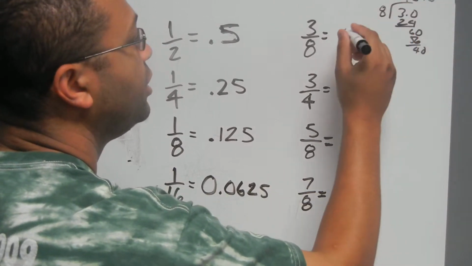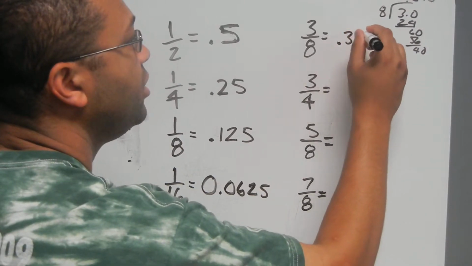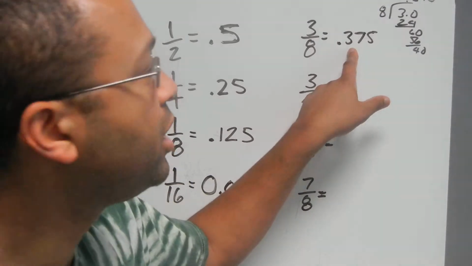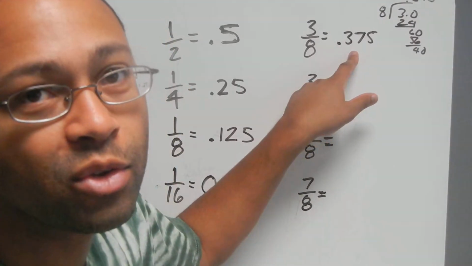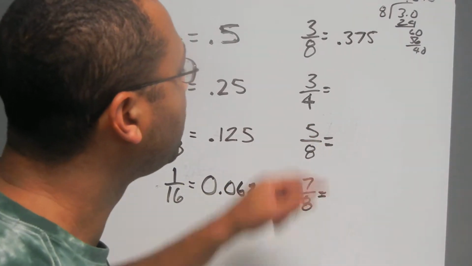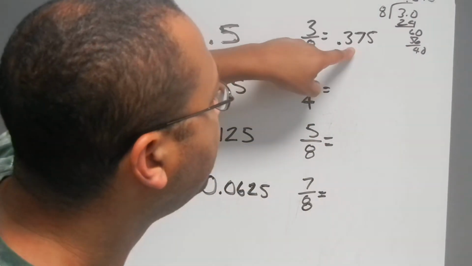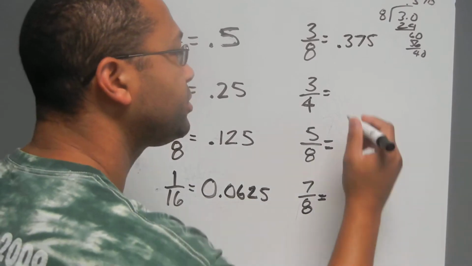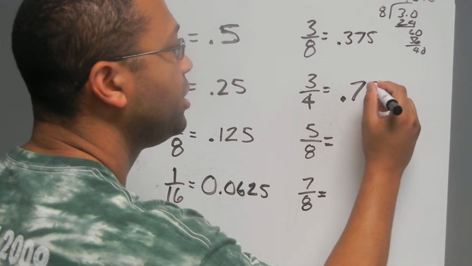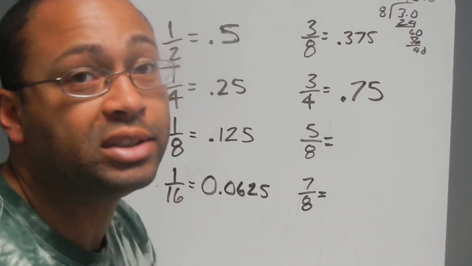So it's 0.375. If I round it to the second decimal point, it'd actually be 0.38. 3/8 is also known as 0.38. 3/4 is double of 0.375. Well, if I multiply this by 2, I should end up with 0.75.